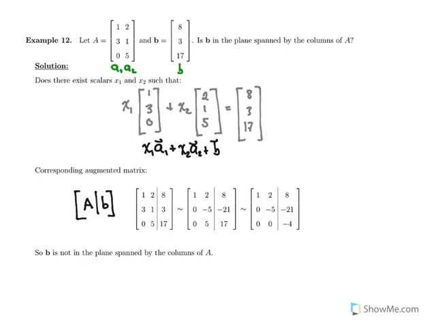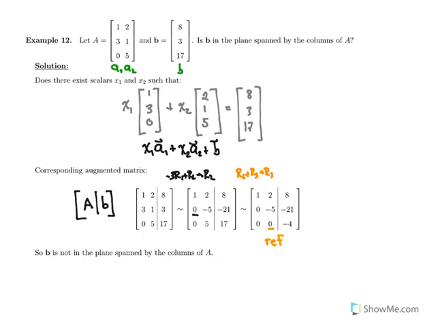And if we row reduce, the row reduction would be -3 row 1 plus row 2 into row 2 to get this 0 right here. And we could also do row 2 plus row 3 into row 3 to get a 0 here. This is row echelon form.